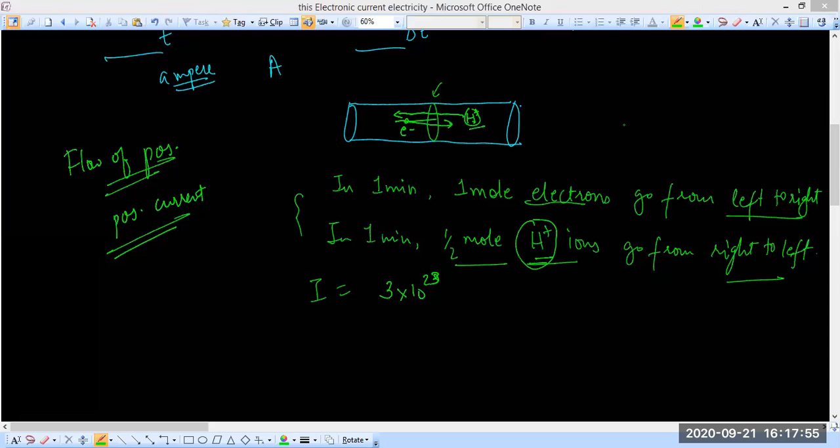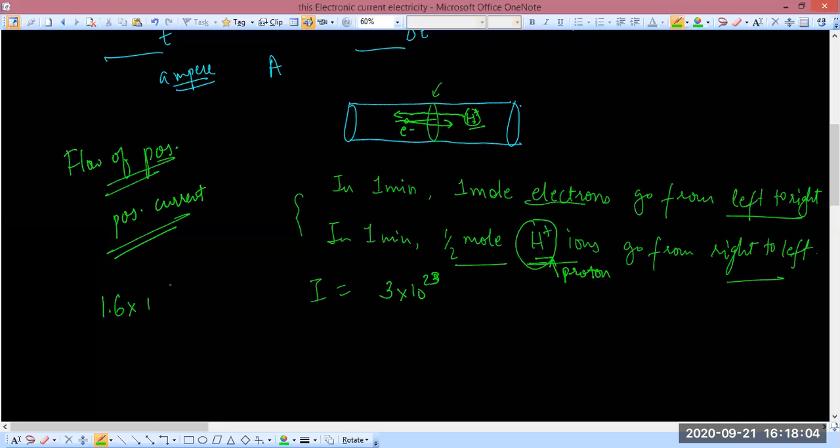Yes, it is the same as the magnitude of the electron's charge. H plus means proton, don't forget, chemistry. 1.6 into 10 raised to minus 19 coulomb. All right, so this is the number crossing in 1 minute, and this is the charge crossing in 1 minute.